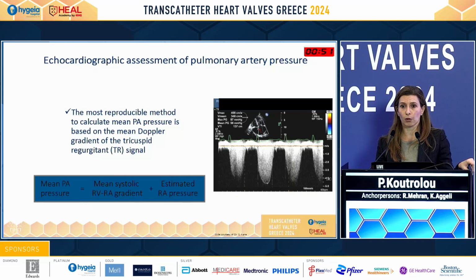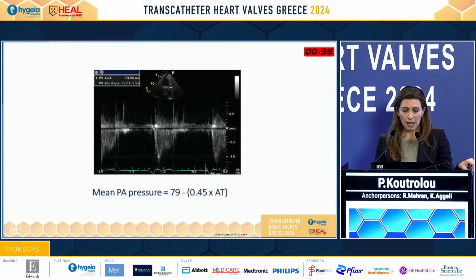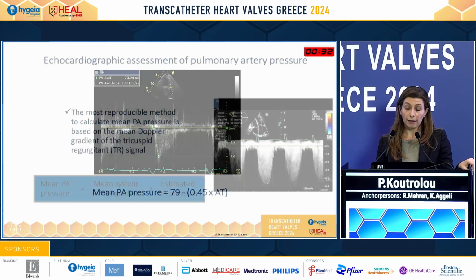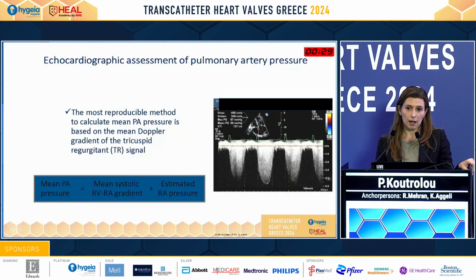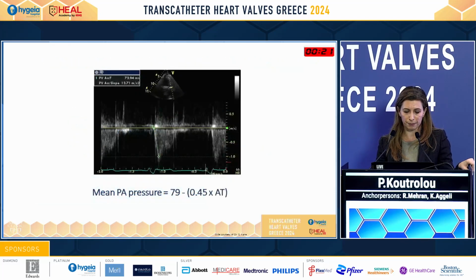You take the mean gradient, the VTI, the velocity time integral, and then you add the pressure in the right atrium, and there you are, you have the mean pressure in the pulmonary artery. Of course, there is also another formula that uses the acceleration time. However, in the literature, the best way to evaluate the mean pressure in the pulmonary artery is the mean gradient through the tricuspid valve.